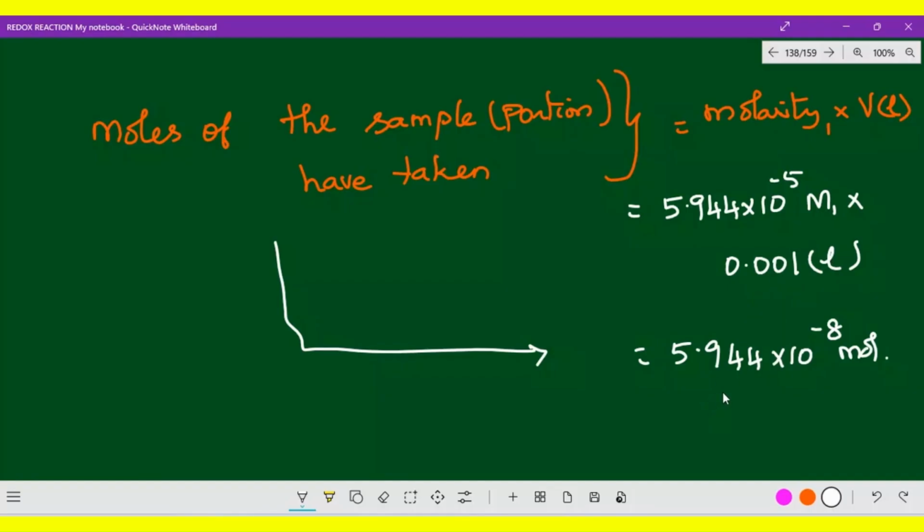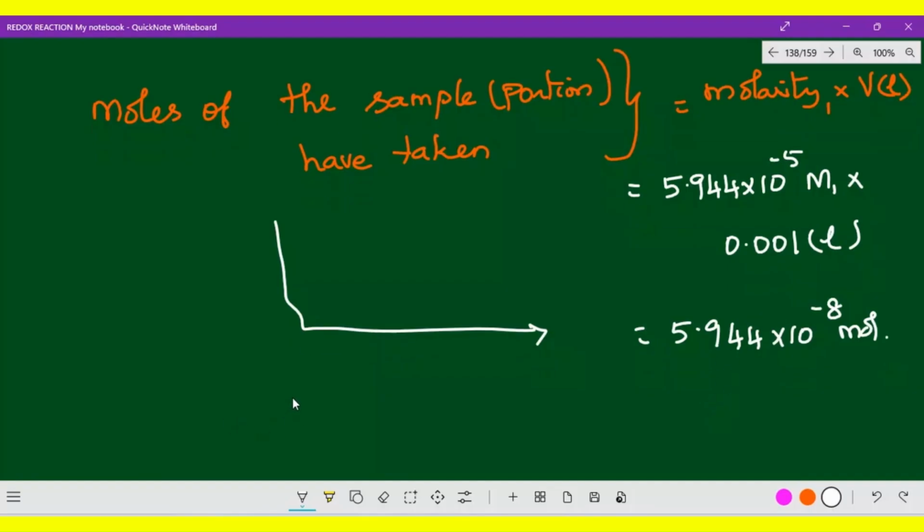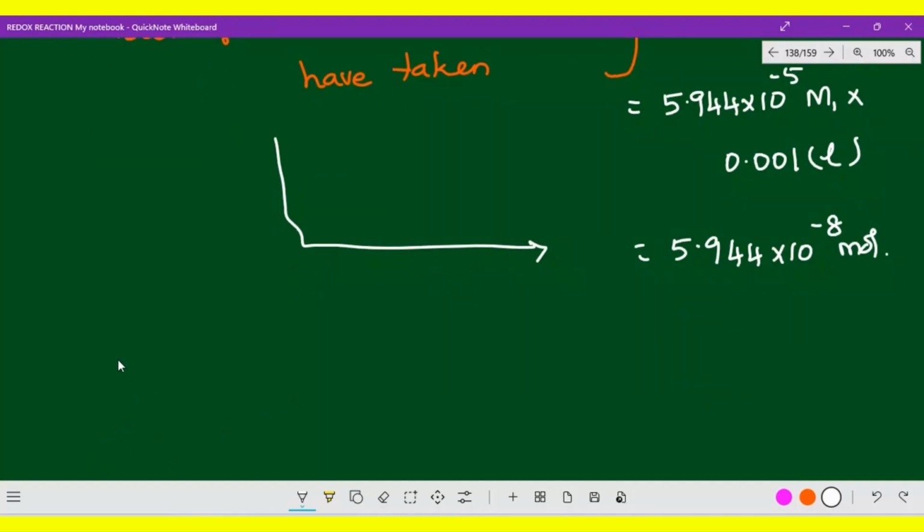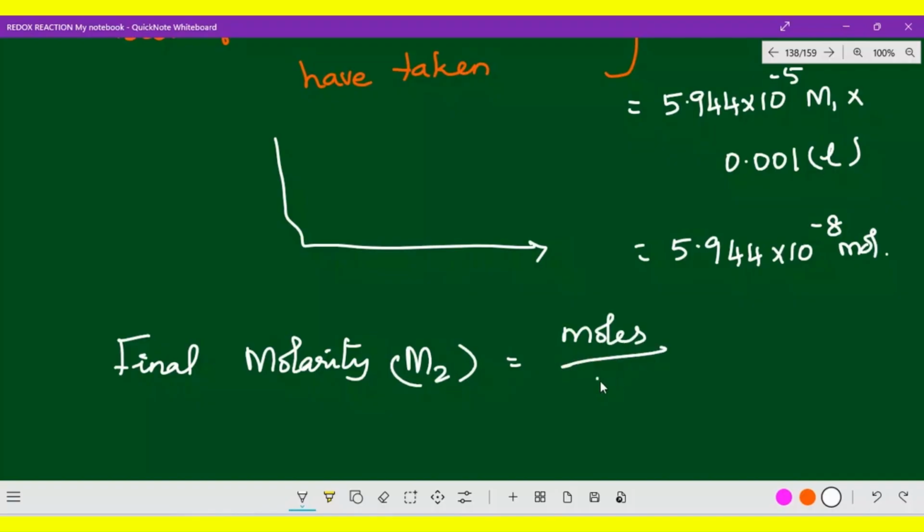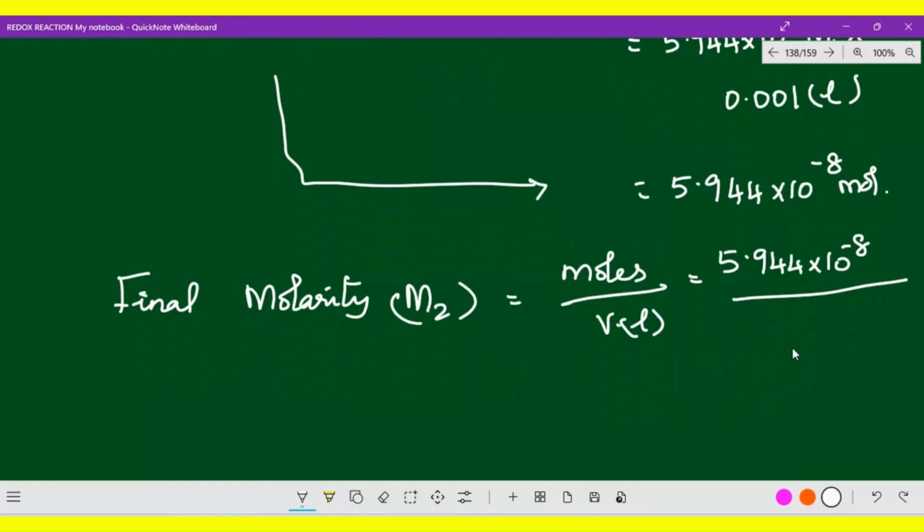Now we have to identify the final molarity of that sample. This is M2, right? So moles by volume in liter: 5.944 into 10 to the power of minus 8 divided by 1 liter, since we have taken it as 1 liter.